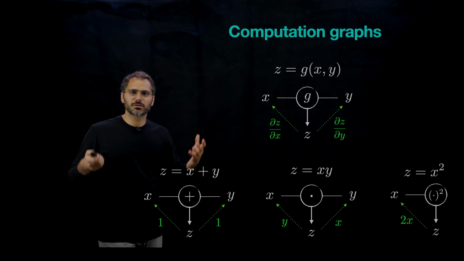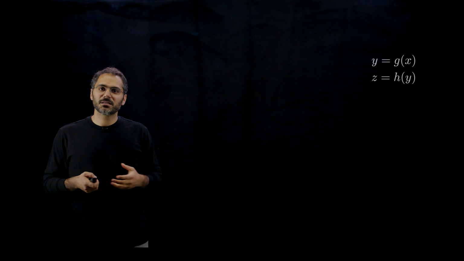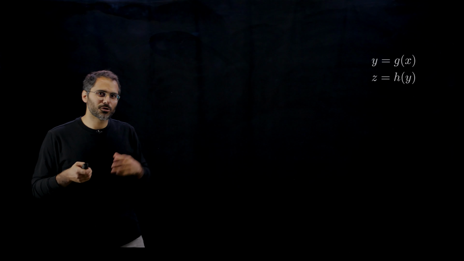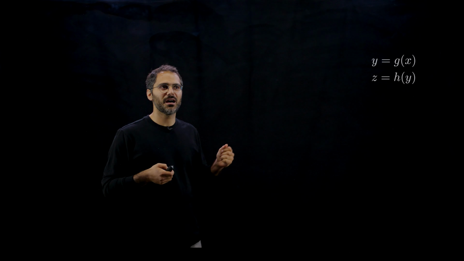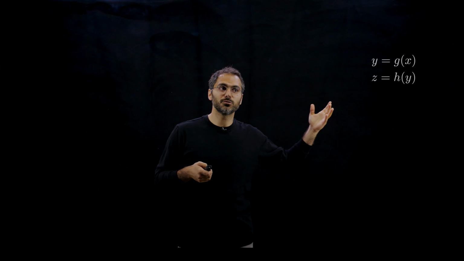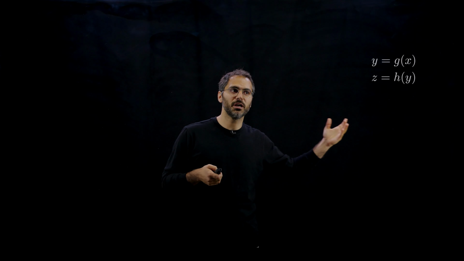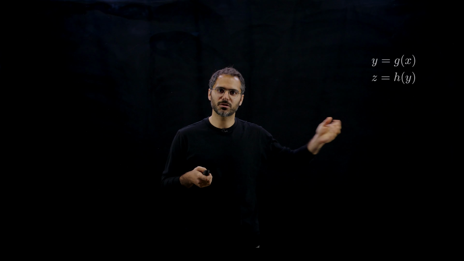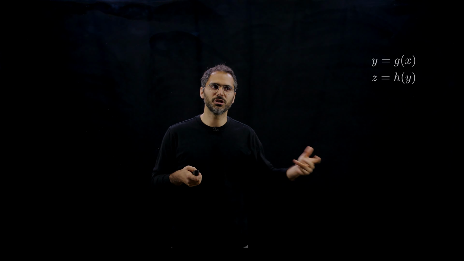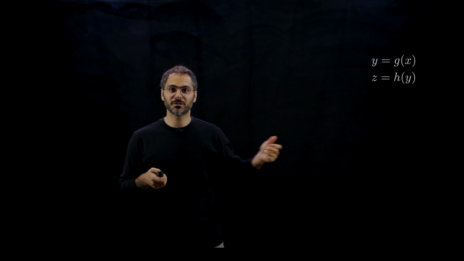So we defined this general idea of a computation graph. Let's make the problem a little more complicated. Let's say we have y is equal to g of x, and z is equal to h of y. So we have two functions, a composition of two functions, g and h, applied to the input x.